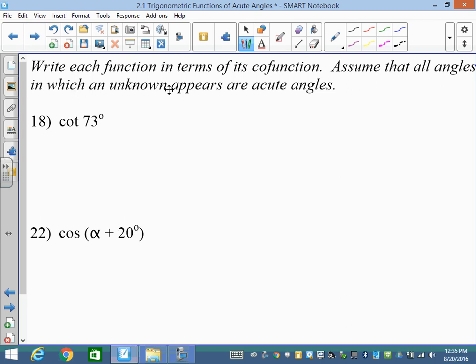Okay, so here we go. It says write each function in terms of its cofunction. Assume that all angles in which an unknown appears are acute angles. So cotangent of 73.